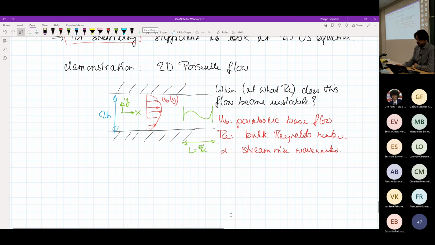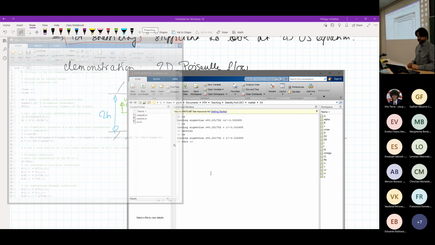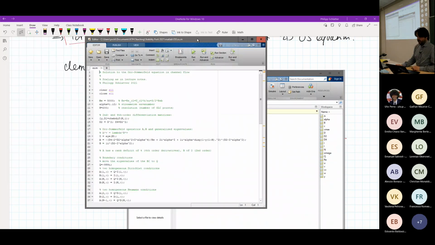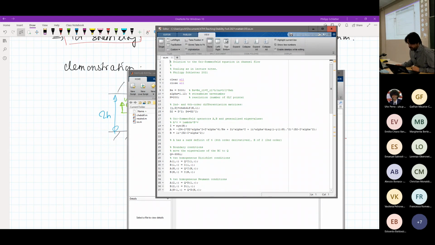So how do we do that? Okay. So I have prepared here a little MATLAB script. Can you see something? Not so much, huh? How do I make this bigger? Do you know how to make it bigger?